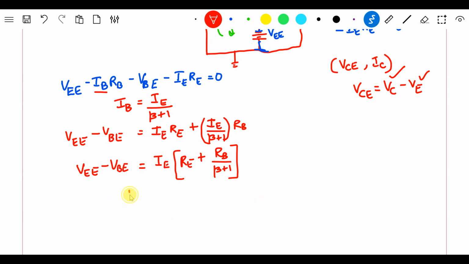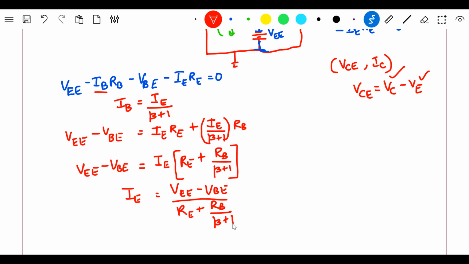Now I can say my IE equals VEE minus VB divided by RE plus RB by beta plus 1.